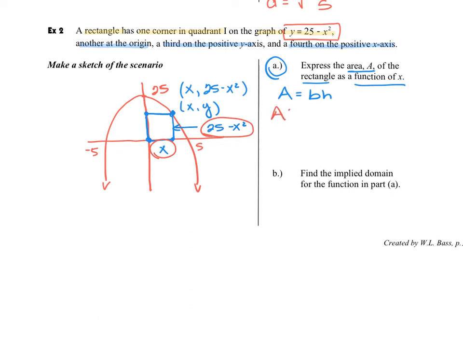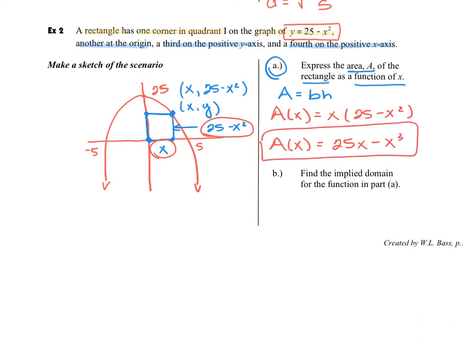So now I can say area in terms of x is x times 25 minus x squared, and then I could simplify that. Both the factored and the non-factored form are useful for us. 25x minus x cubed.